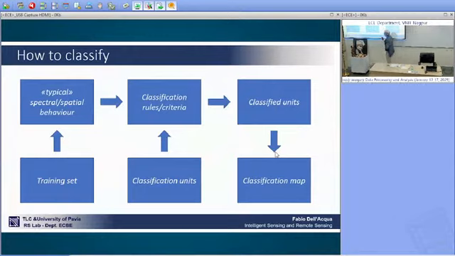And these classification rules will be the result of sourcing examples from the so-called training set, or I can also get rid of this part and say, no, just group the classification units by mutual similarity. I will discuss that shortly.